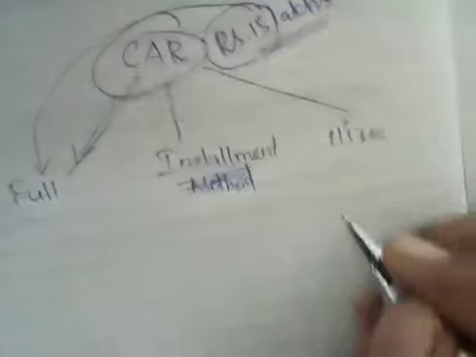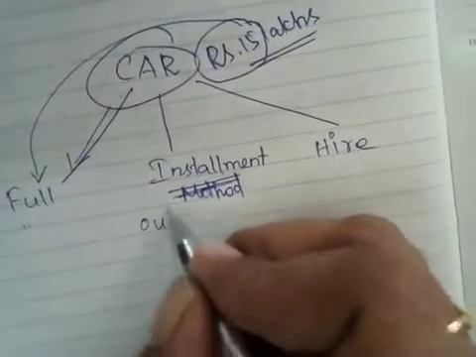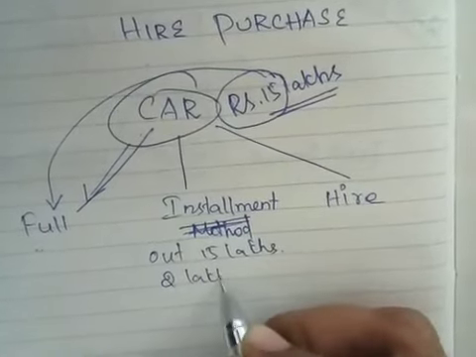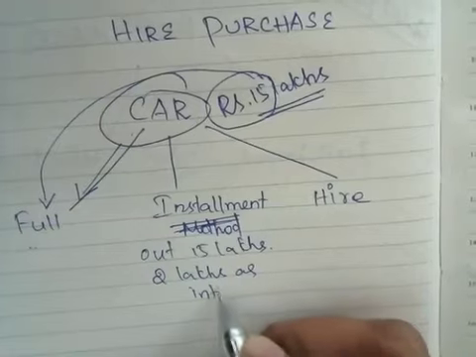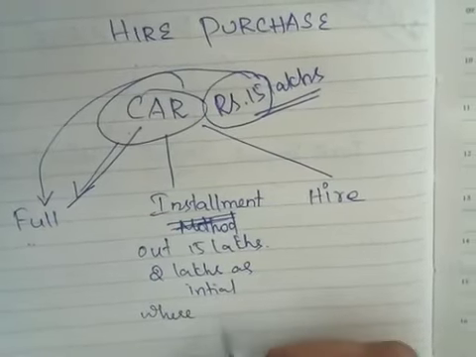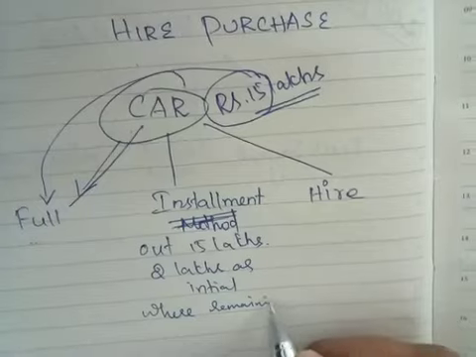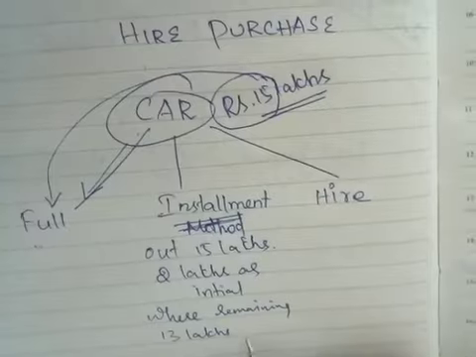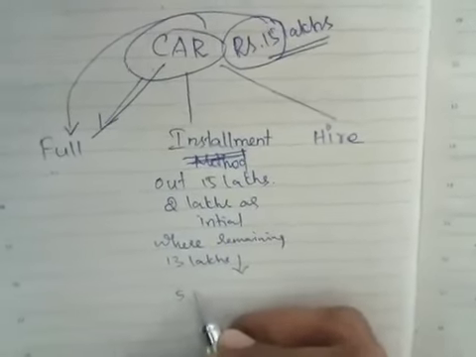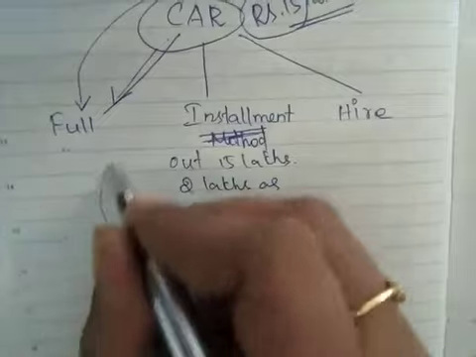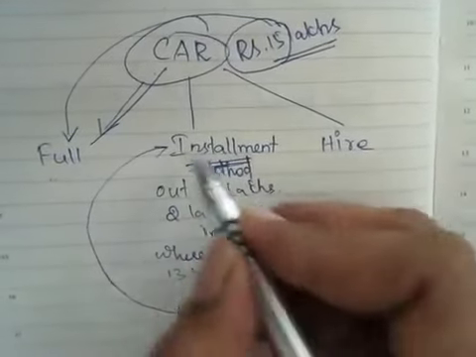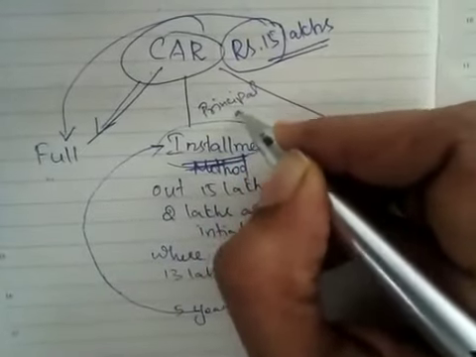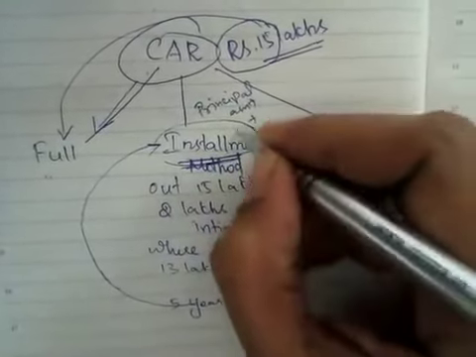Out of 15 lakhs, I am able to pay only 2 lakhs as initial payment, and the remaining around 13 lakhs will be paid by me within a period of 5 years as installments, where each installment includes principal amount and interest.